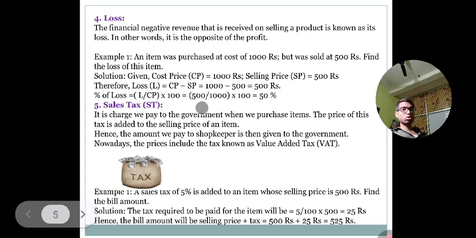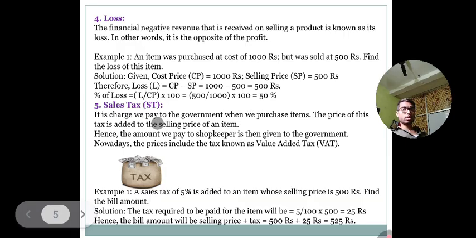So this is 20, this is 20, and you get 50%.